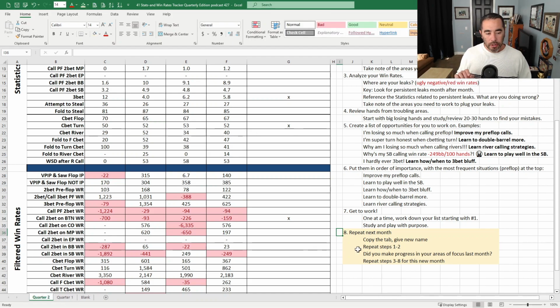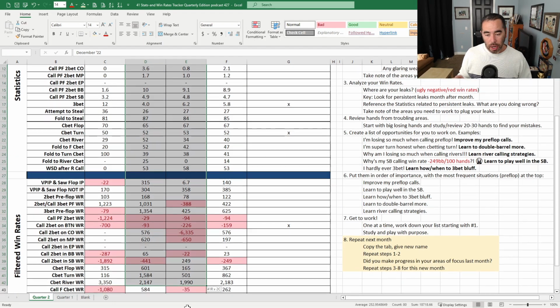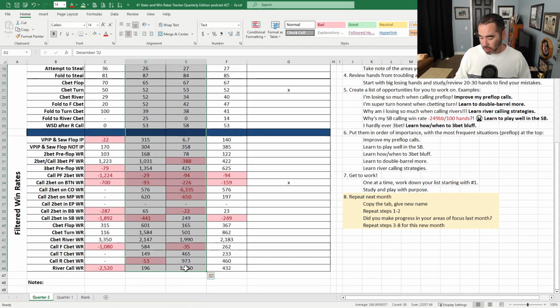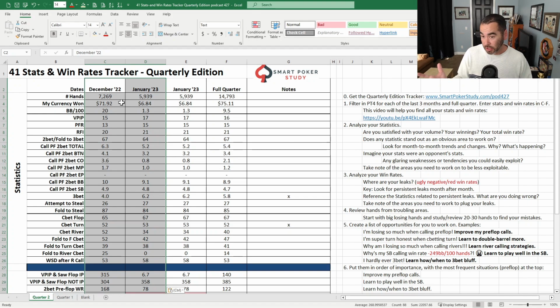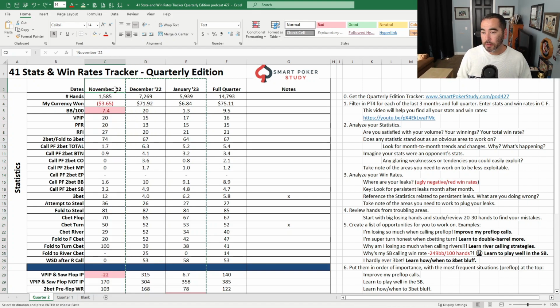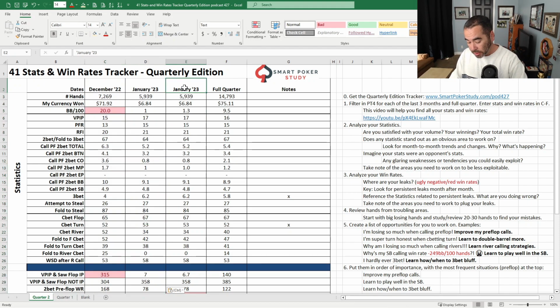Now on this quarter, you're going to repeat step 1, filtering in your Poker Tracker 4 database. If we go like this and just copy all this data from columns D and E, copy it and paste it to C and D, just hit Control V right there. Boom, you get all your data, December and January, and now column E is simply going to be February of 23.